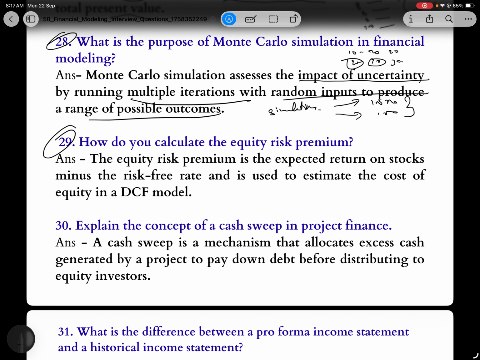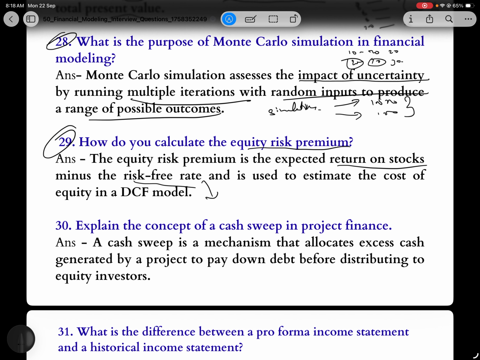And next is, calculate equity risk premium. Equity risk premium is the expected return on stocks minus the risk-free rate of return. The risk-free rate of return is whatever you get from a government bond.